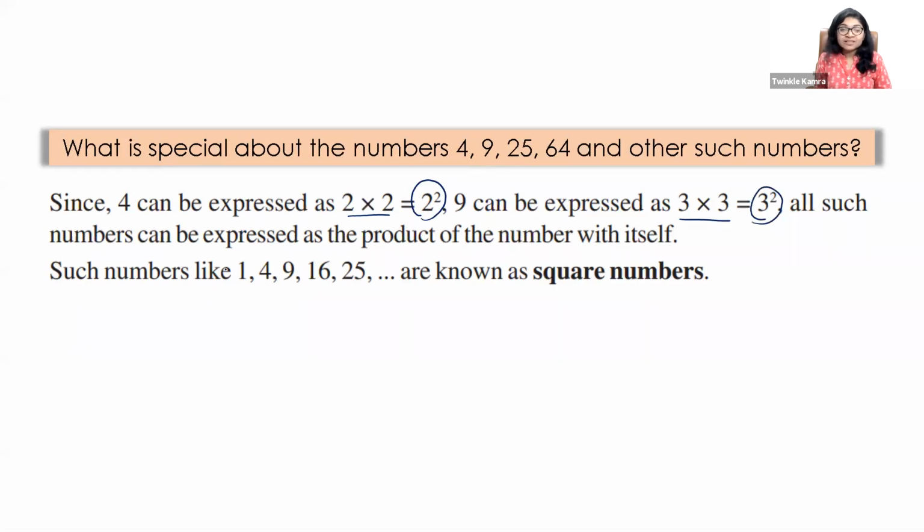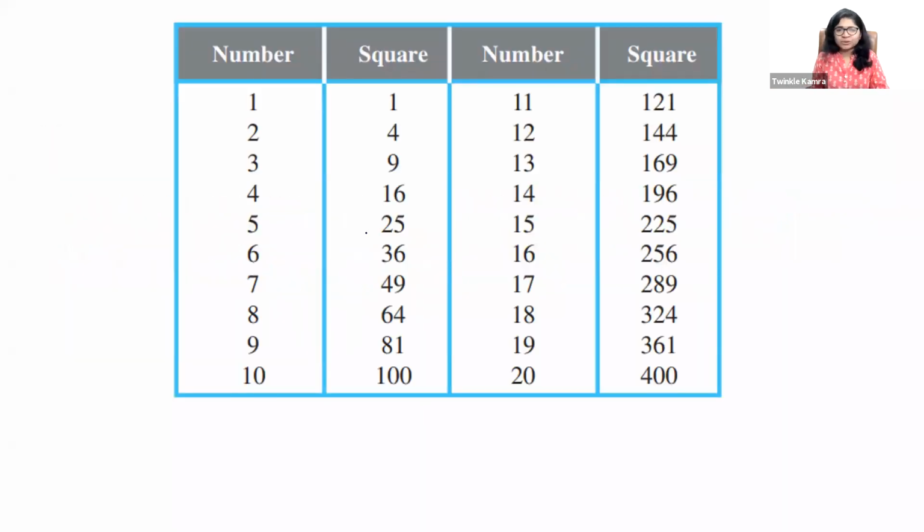All such numbers can be expressed as the product of a number with itself, like 2 with itself, or 3 multiplied with 3 gives me 9. Such numbers, 1, 4, 9, 16, 25, are known as square numbers because I can write them as the product of a number with itself. Simple reason, right?